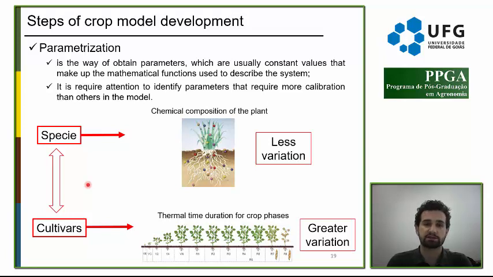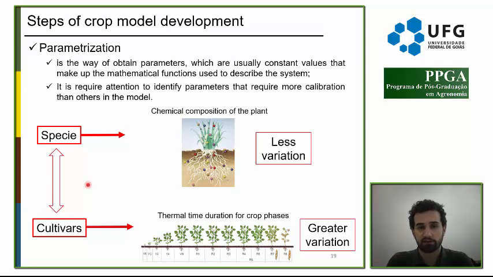We saw in the last class that we have these different parameters between species and between cultivars, which are usually constant values that make up the mathematical function used to describe the system. So I did my mathematical formulation, how our system is affecting the outputs and each input I need.